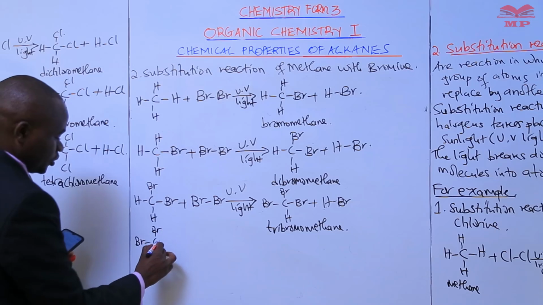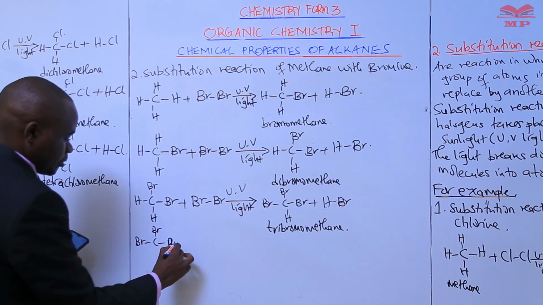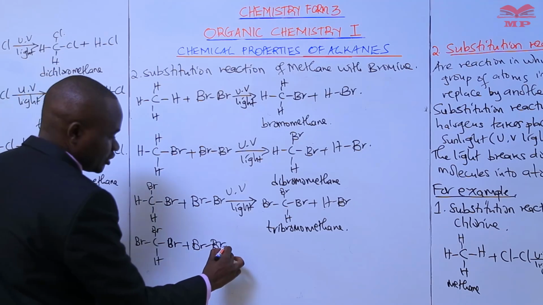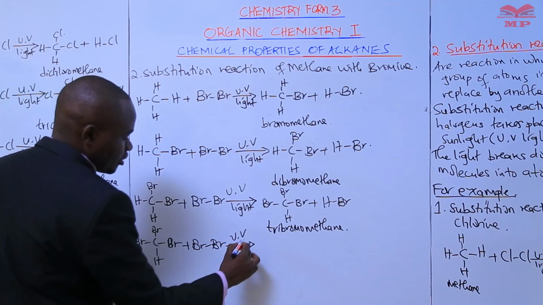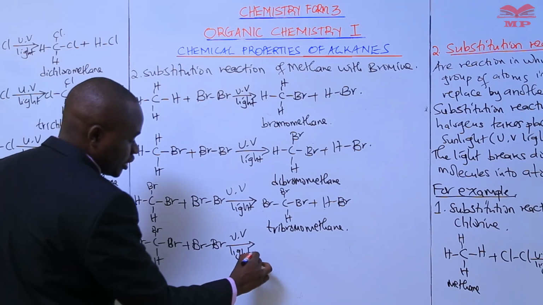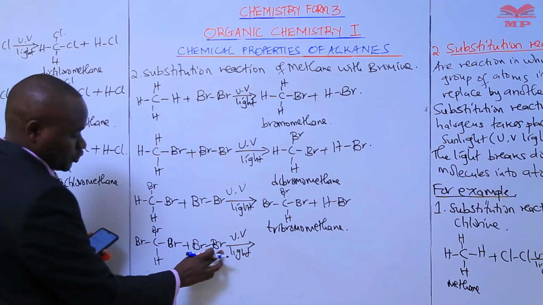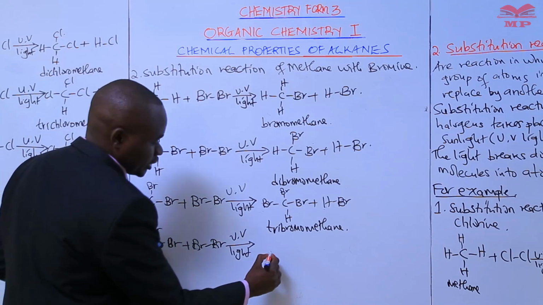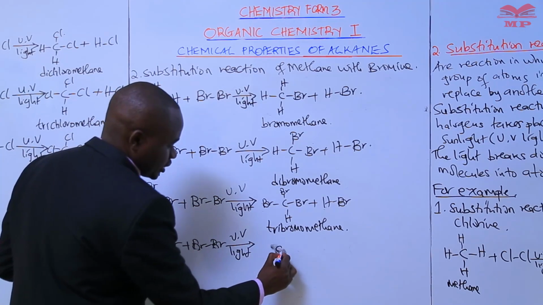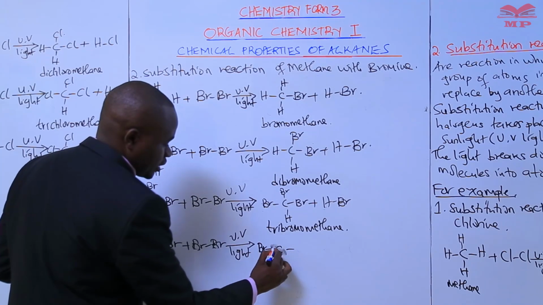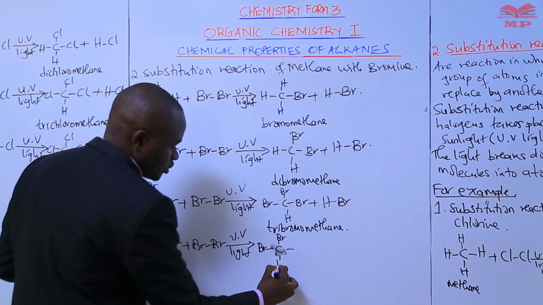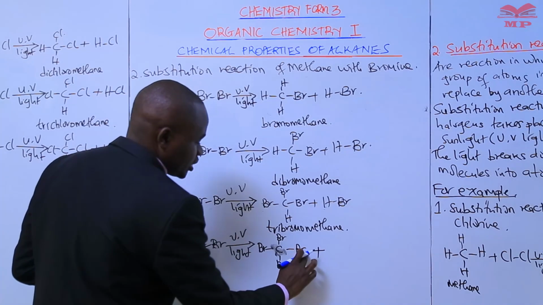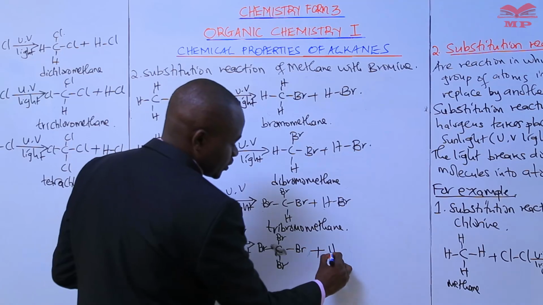Then the last step, tribromomethane undergoes further substitution in the presence of UV light. Remember, we have said the UV light will break down the bromine molecule into bromine atoms, the ones you are seeing here. So we shall realize that all the hydrogen atoms will be substituted. At the end of the day, we shall have a new compound that has all bromine atoms.